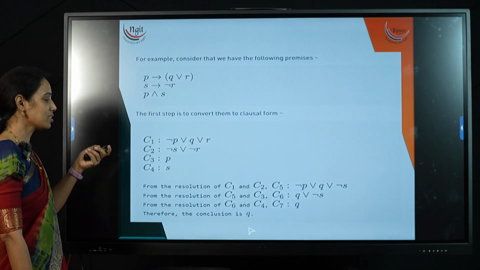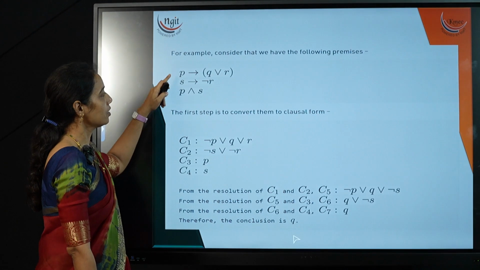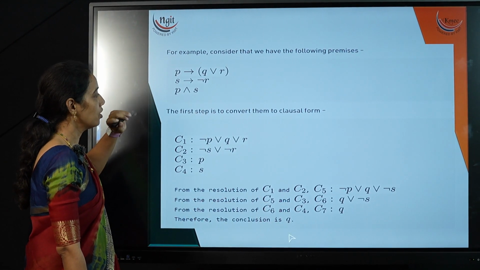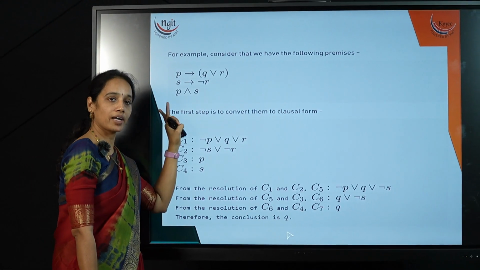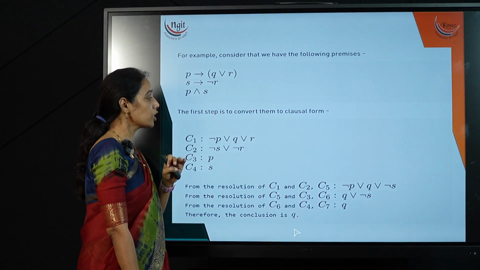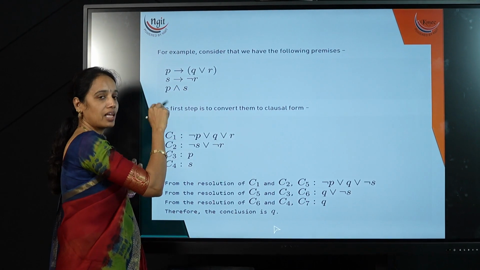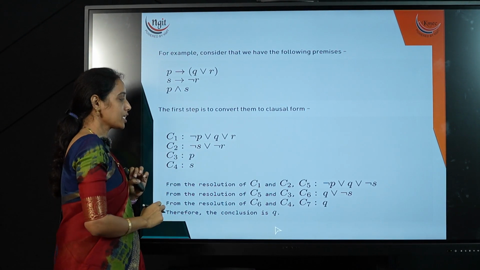Here is one more example. I already explained this example, but one more time I am explaining. See here, these are the set of premises given. The very first thing to find the resolution is we have to convert it into clausal form. To convert it into clausal form, whenever we have a conditional, we have to convert it into disjunction form.